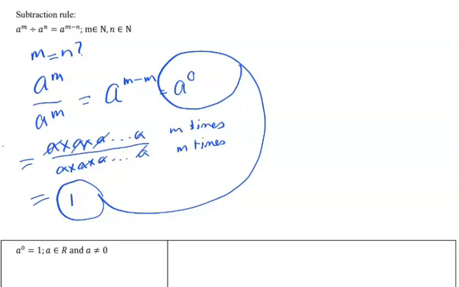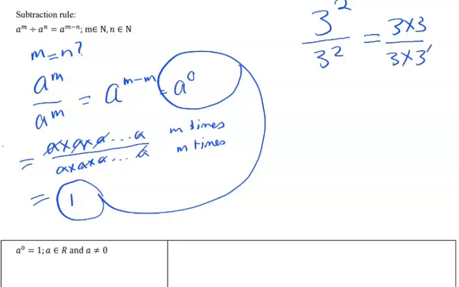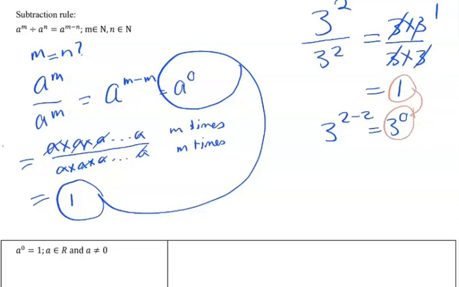So if we now have, for example, 3 to the 2 divided by 3 to the 2, I will get 3 times 3 divided by 3 times 3. That will cancel. I will get the answer of 1, but by the rule, I will have 3 to the power of 2 minus 2, which is 3 to the 0, and that is exactly the same. So this gives us our rule a to the 0 equal to 1.